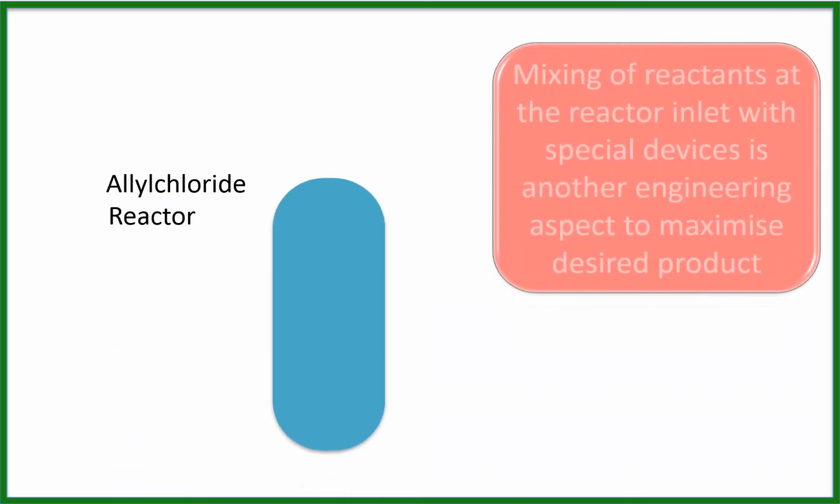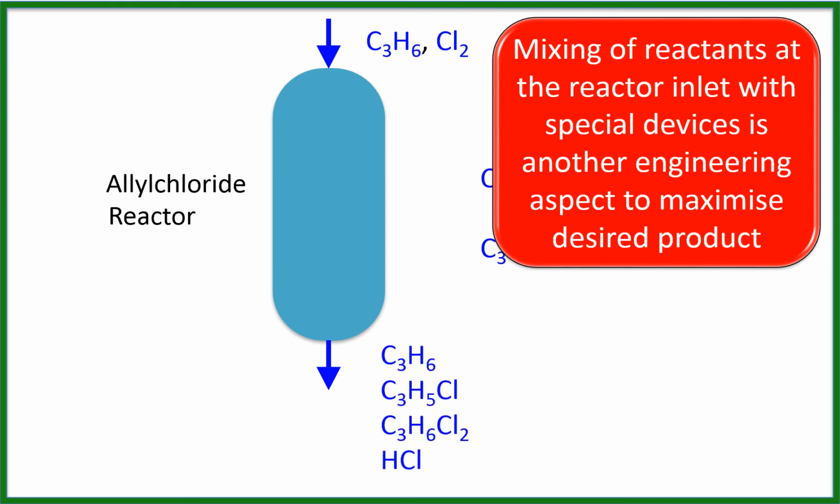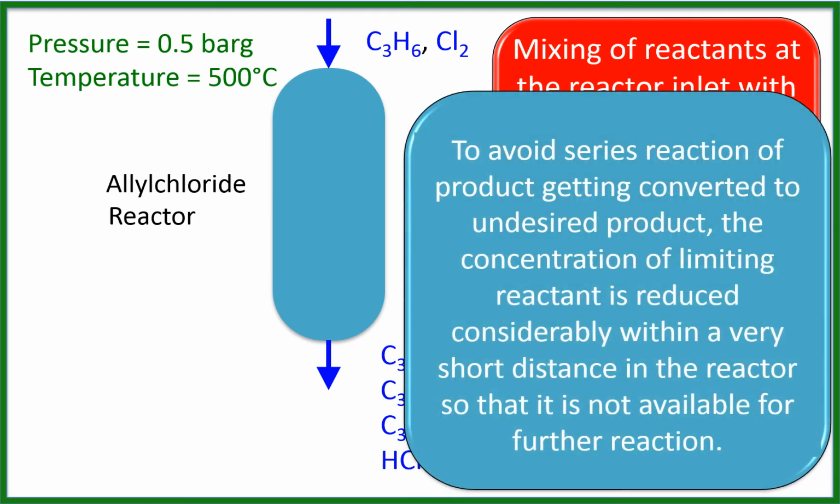Mixing of reactants at the reactor inlet with special mixing devices is another engineering aspect to maximize the desired product formation. To avoid series reaction of the product getting converted to an undesired product, the concentration of the limiting reactant is reduced considerably within a very short distance in the reactor so that it is not available for further reaction with propylene.